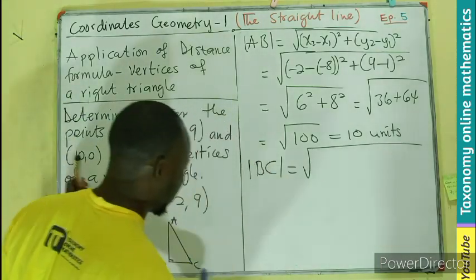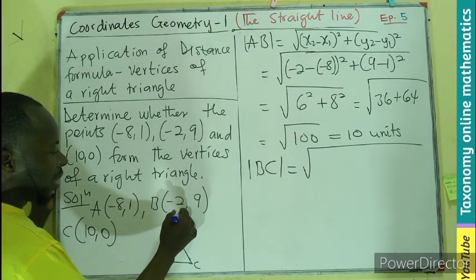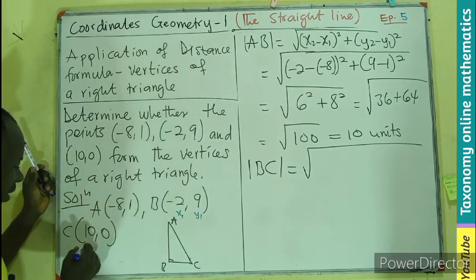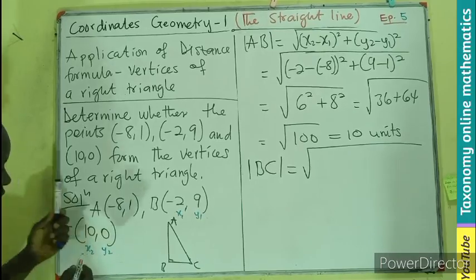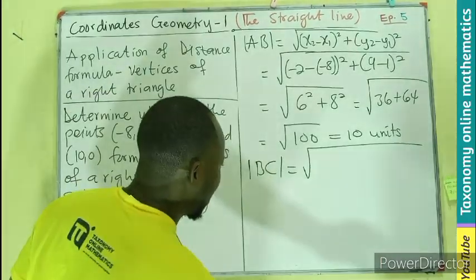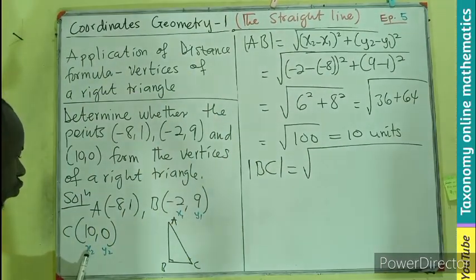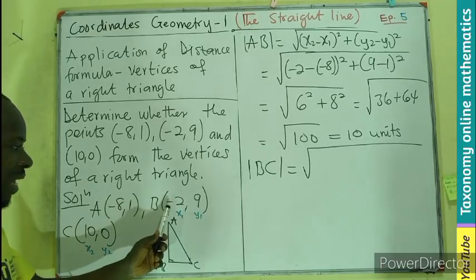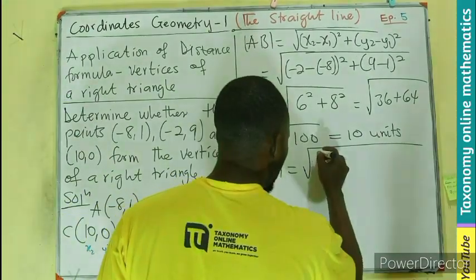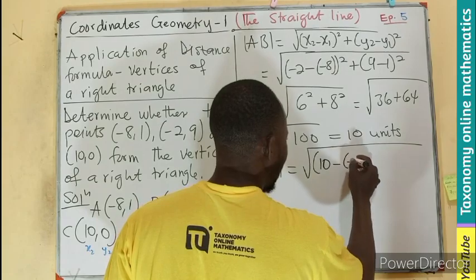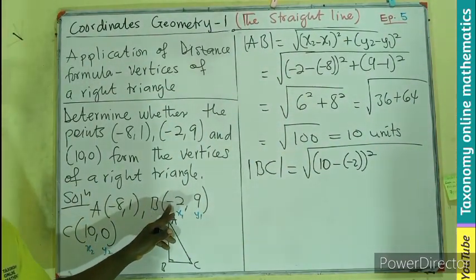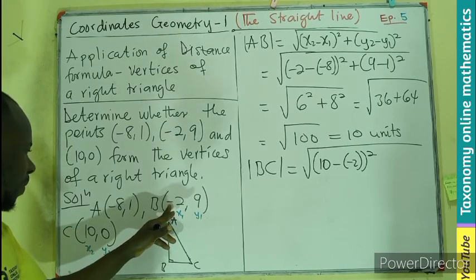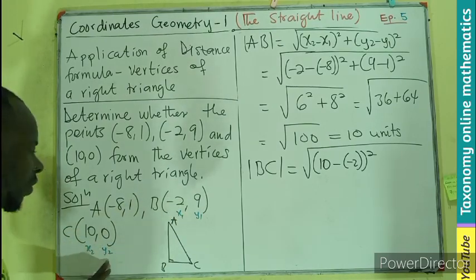B is the first point, so this is your x1, y1, x2, y2. So we can now say that x2 will be 10 minus negative 2. So 10 minus negative 2 all squared. The minus 2 is part of the sign. Then we go to 0, right?